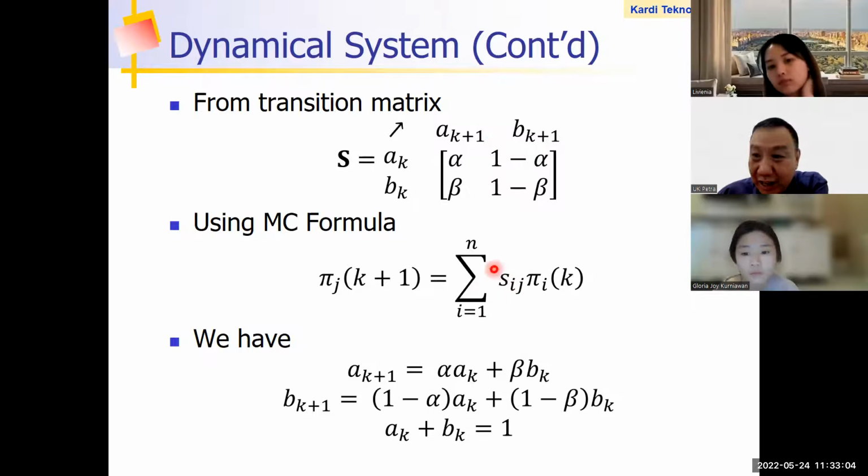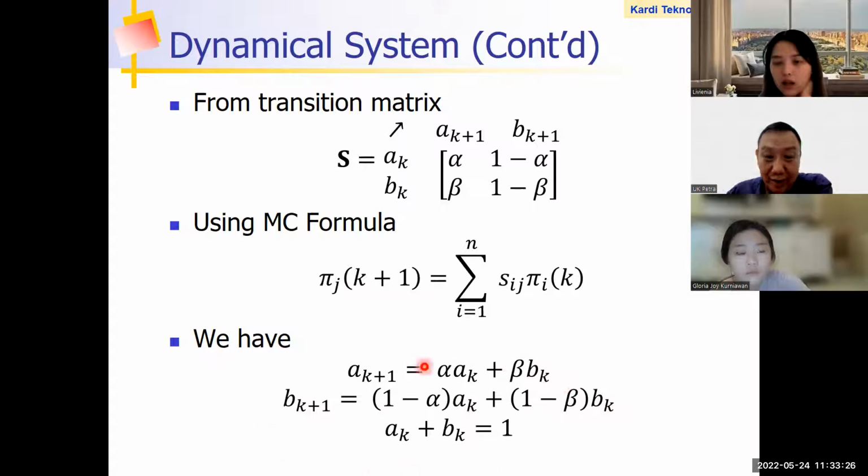What is that? S_ij, right? And then multiply by A_k, and then plus, this is a sum, right? 1 minus beta, this is the S_ij again, times V_k, what is that? B_k.